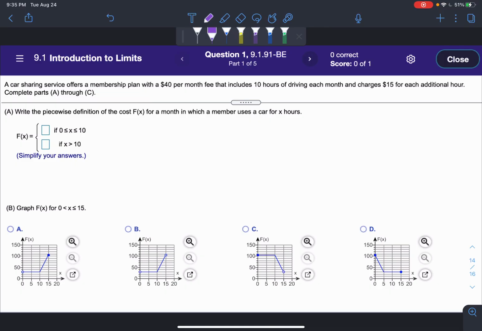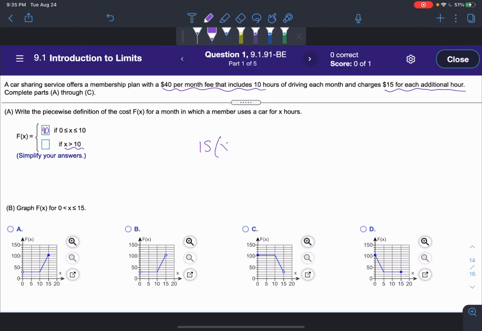So like I said, the 40 includes up to 10 hours. That's why our piecewise function is 40 when x is between 0 and 10. But now if x is greater than 10, my additional hour is $15 times that.